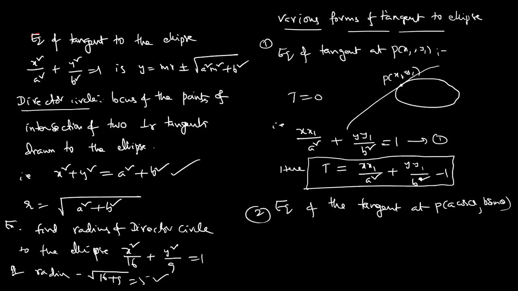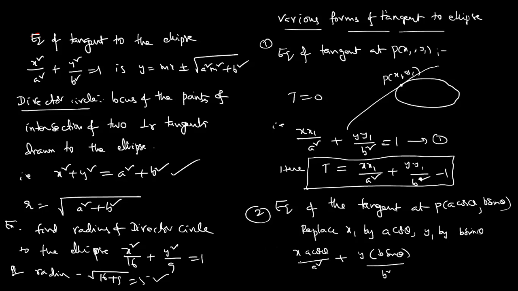See, in this case, replace x1 by a cos theta, y1 by b sin theta. So put this value. We get x into a cos theta by a square plus y into b sin theta by b square is equal to 1. Right? Can discuss in next page.